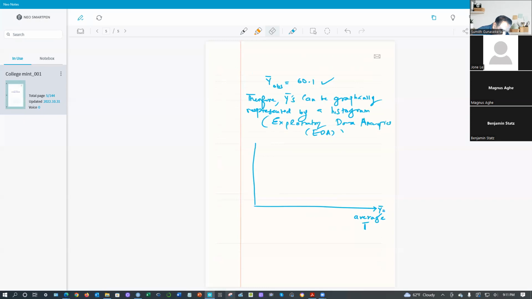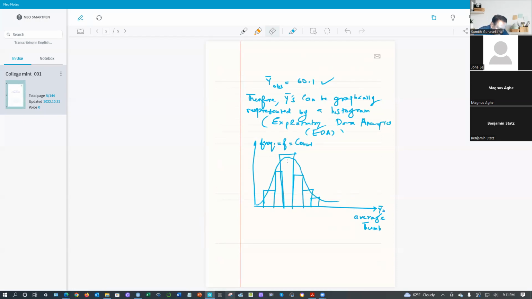Here you have the frequency, or count. Say your histogram is something like this, and then I can draw a smooth curve over the top of it.